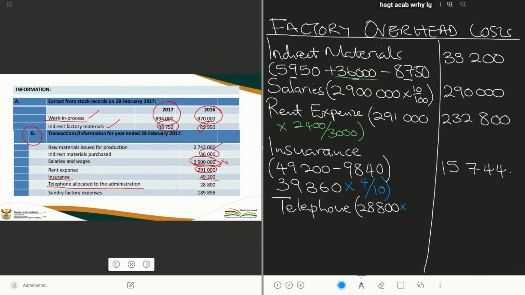We want what percentage? 20. And what did we have? 40. So it's going to be 28.8 multiplied by 20 over 40. All right? 20 over 40. And the amount becomes 14,400.